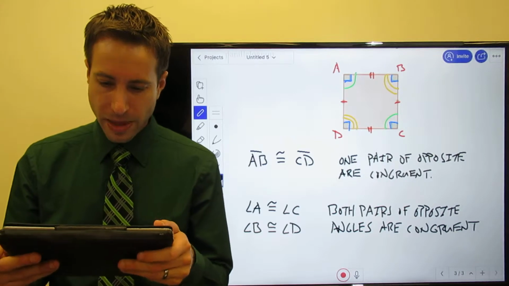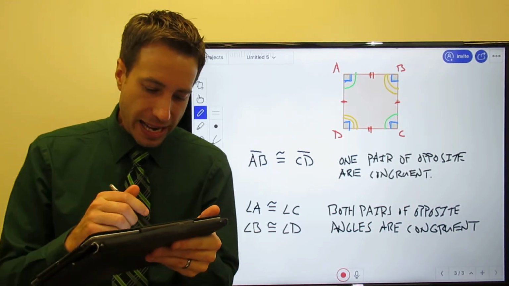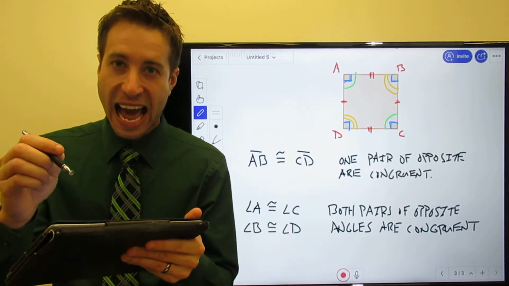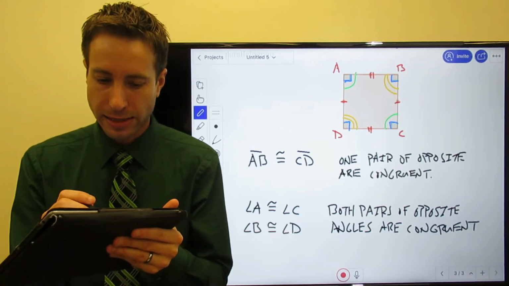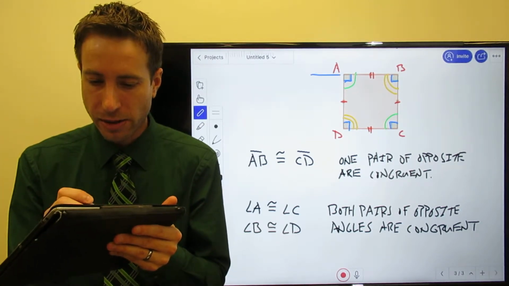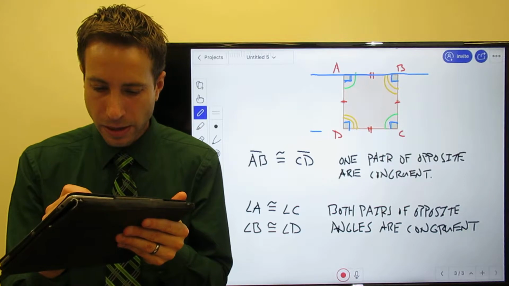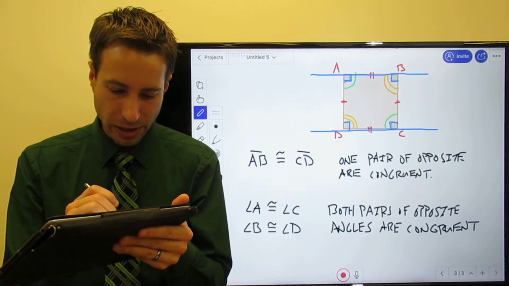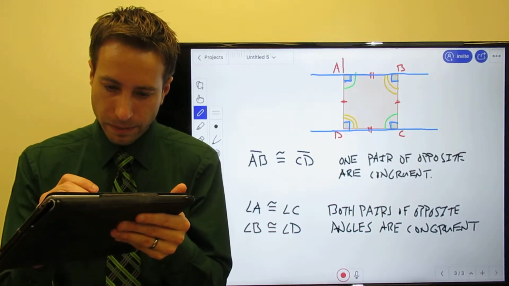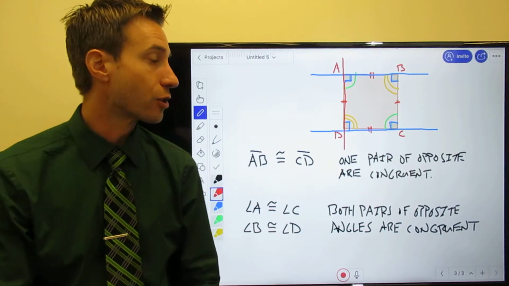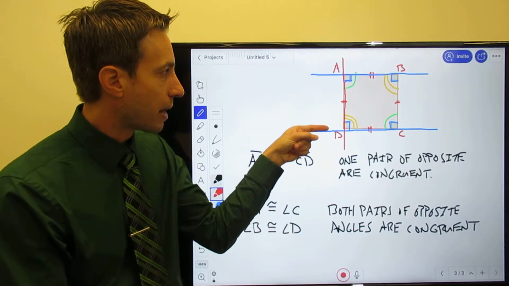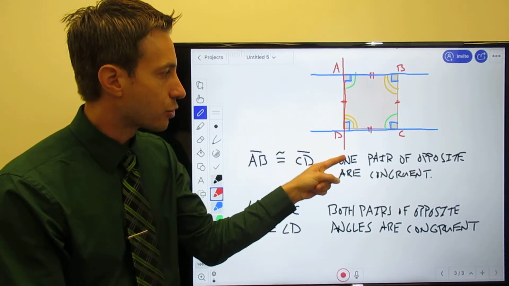Well, here's another way. Again, I know that I have parallel lines. How do I know that they're parallel? Well, let me extend those parallel lines right here. I have a transversal. So I have parallel lines cut by a transversal.